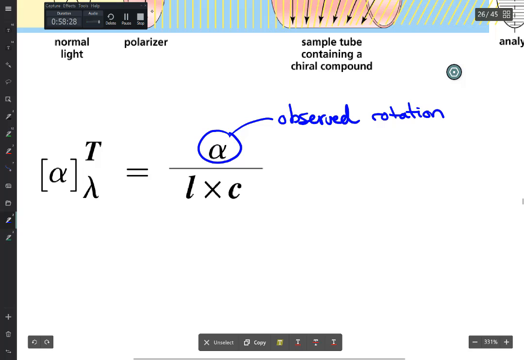Okay. This is concentration. Now the concentration has specific units to it. This is in grams per milliliter or centimeter cubed. Okay. And this is path length.